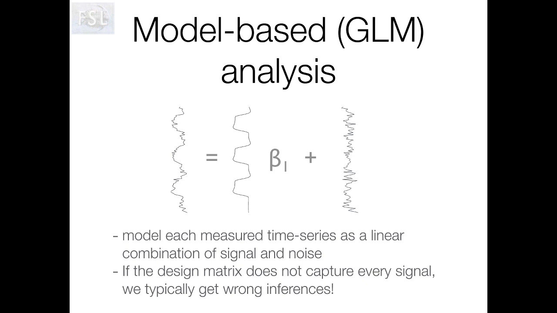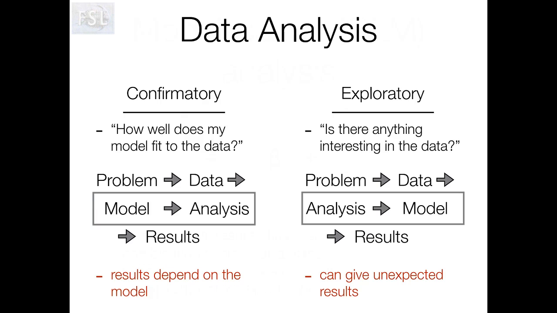This would include task-based stimulus, and it may also include any sorts of confounds which we want to control for, such as physiological measurements. If we don't include every possibility in our design, our inferences may not be as strong as they could be. But in resting state, we don't have a task, so we don't have a time series model of what we expect to see, and we can't use a GLM-based approach.